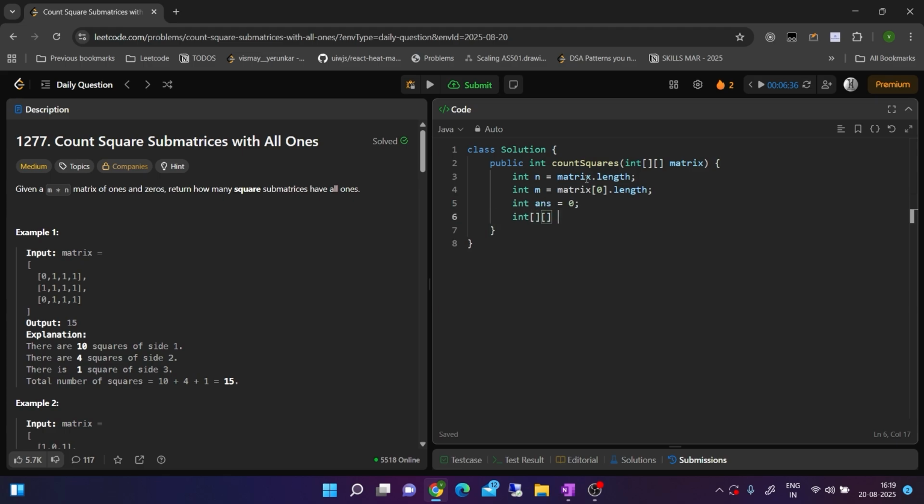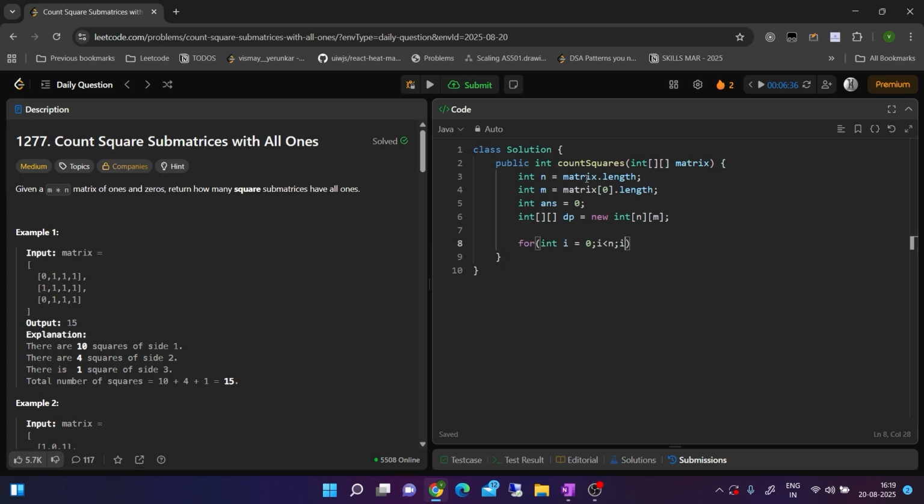Then we will maintain our dp array of the same size as the matrix, which is n cross m. Okay, then we will iterate over this matrix, starting from i to n. Then we will iterate over the columns for this row, so j is less than m and simply j plus plus.